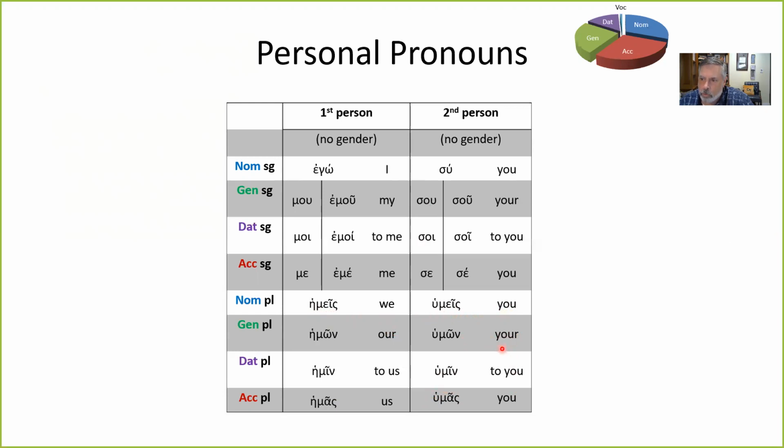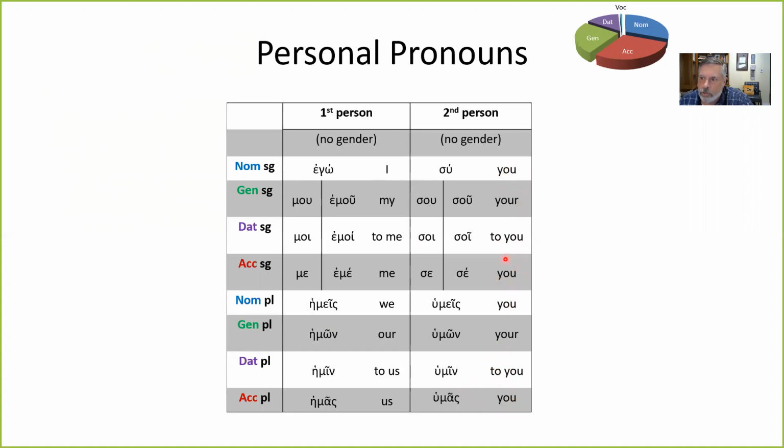So it's not just your individual, it's your as some group or more than one. To you, with you, in you, not you singular, but you plural. Humos, you plural. It's difficult in English to differentiate the yous and yours, singular or plural.